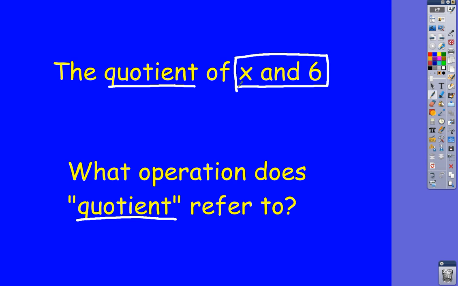I can write that out as x divided by 6. I can also write it out like this, x divided by 6. Remember, a fraction bar is just a way to write divide. A third way I could do it is x divided by 6. A slash mark also means divide.